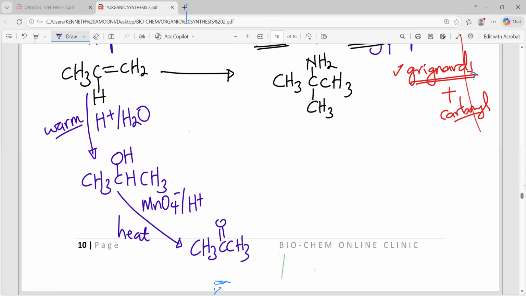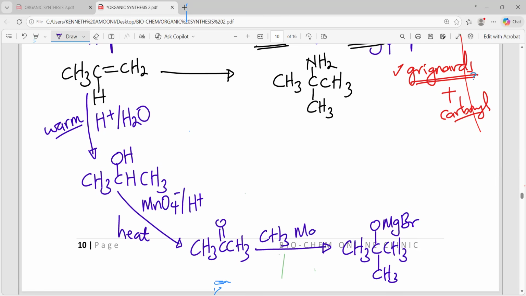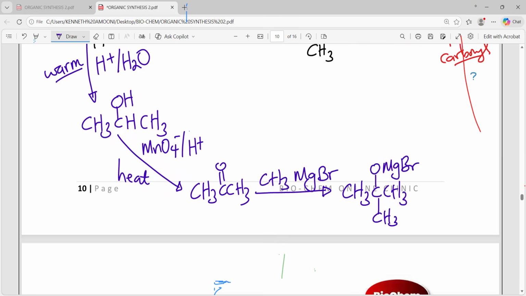Then from here, we are going to add a Grignard's reagent to form that. Which Grignard's reagent should we add? CH3MgBr. And then after this, what are we going to do?